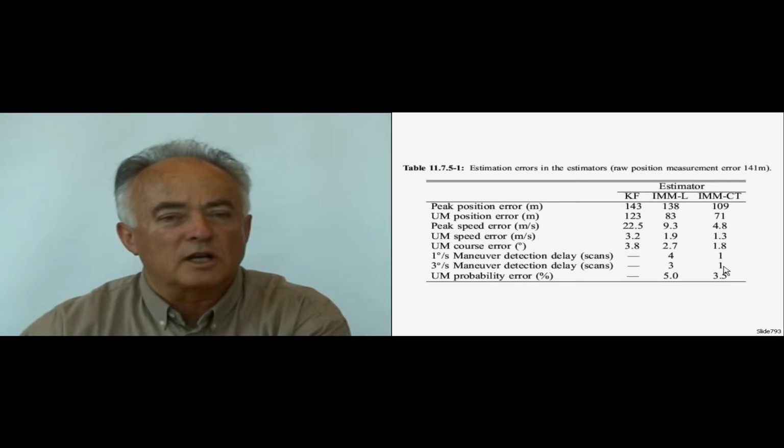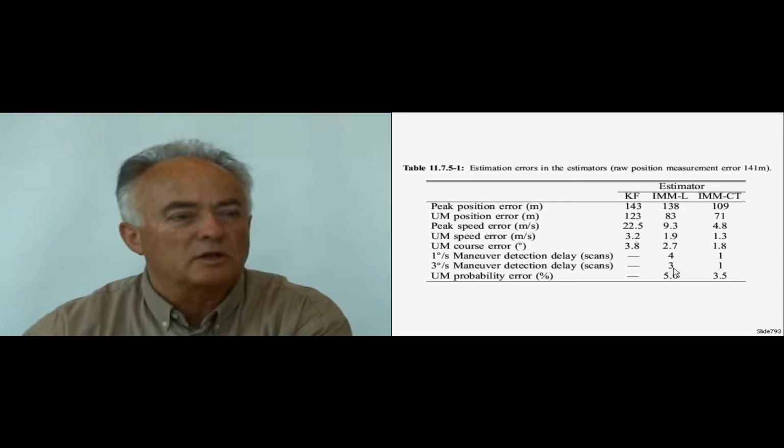If the maneuver starts, say, at time k, the first time you could detect it is k plus 1, but the IMM-CT would detect it at k plus 2, which means the delay is 1 past the earliest possible detection.